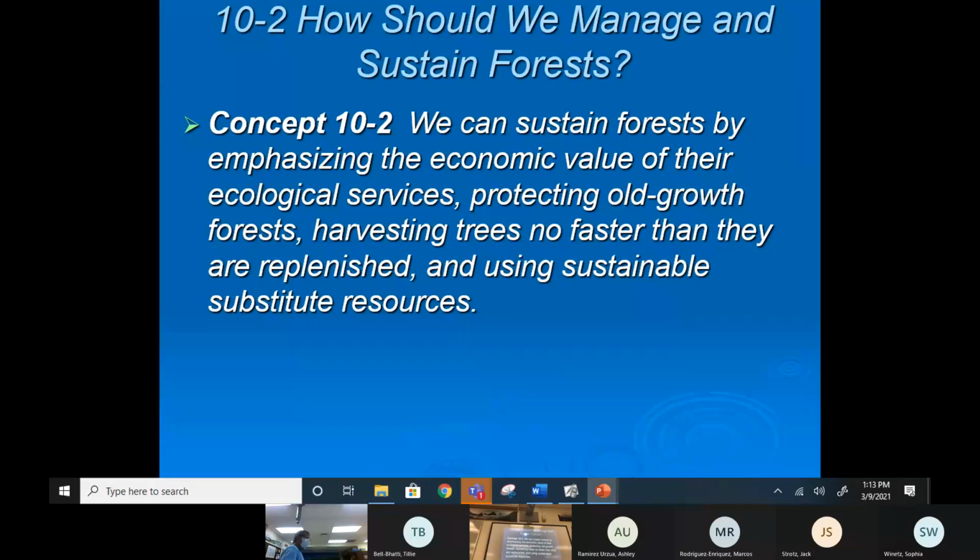Well, there are some actions that we can take, including emphasizing ecological services, protecting old growth forests, making sure we're harvesting trees sustainably, and using substitute resources. We don't necessarily have to use wood for some of the things that we use it for.